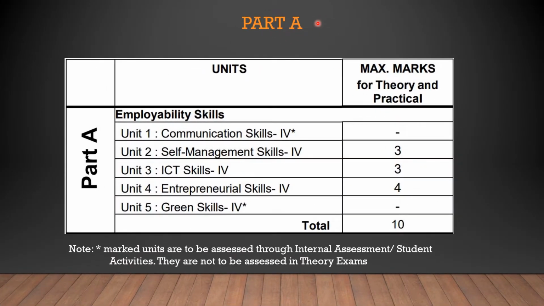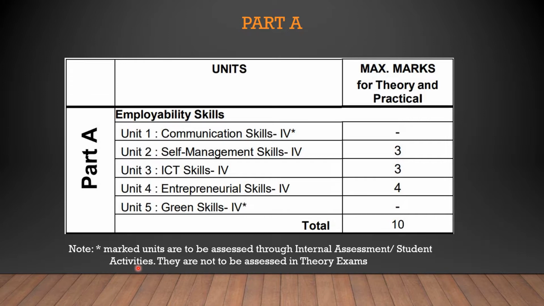First of all, part A. It is employability skills. It has 5 units and out of these 5 units, unit 1 and unit 5 are star marked, as you can see here. And it is a note given by CBSE in the PDF that star marked units will not come in your theory exam. So basically theory exam is a board exam. As you are in class 12, you will be giving your board exam of class 12.